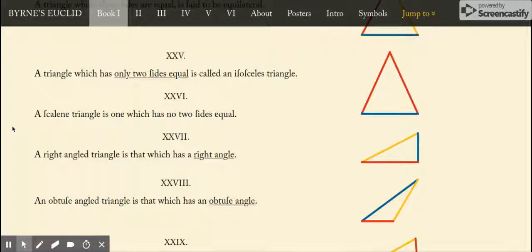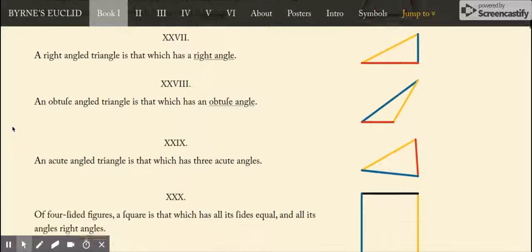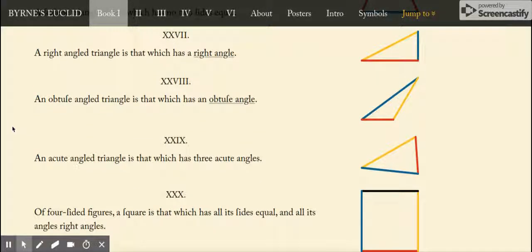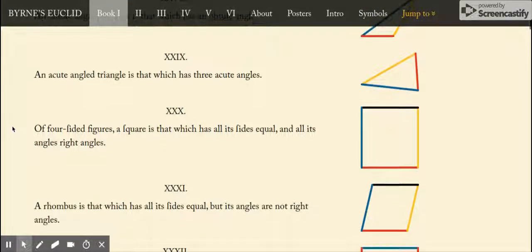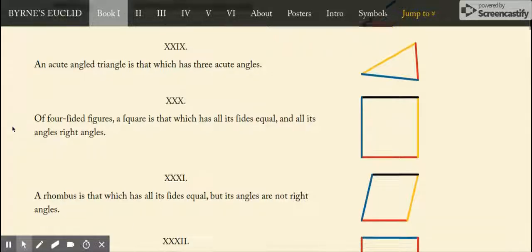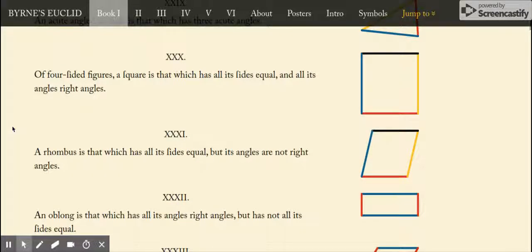A right-angled triangle is that which has a right angle. An obtuse-angled triangle is that which has an obtuse angle. An acute-angled triangle is that which has 3 acute angles. Of 4-sided figures, a square is that which has all its sides equal and all its angles right angles.